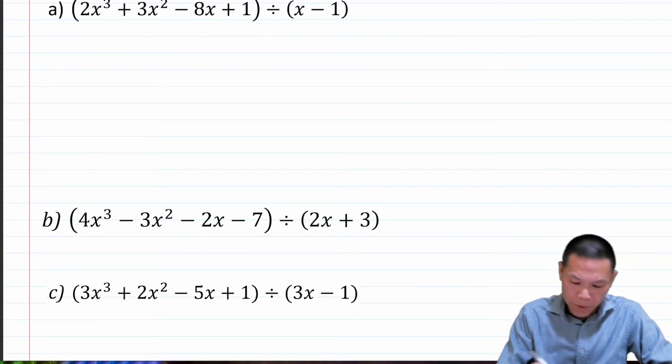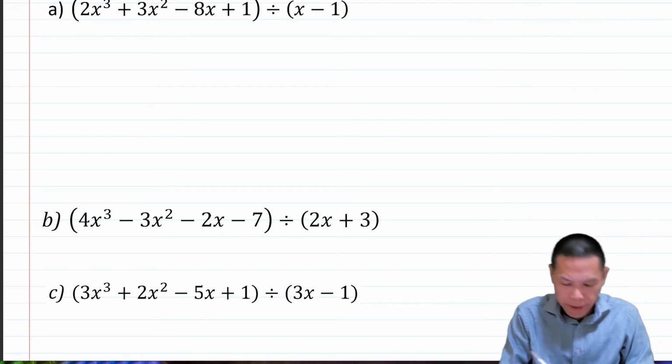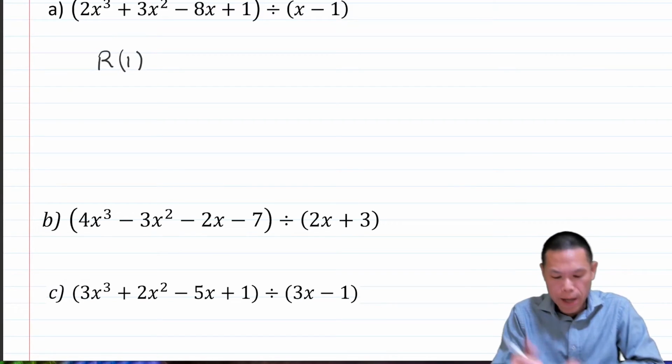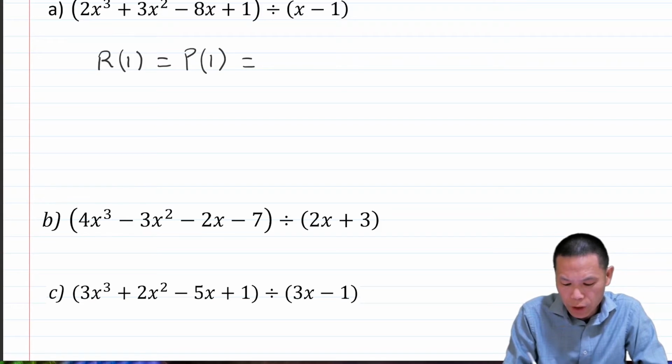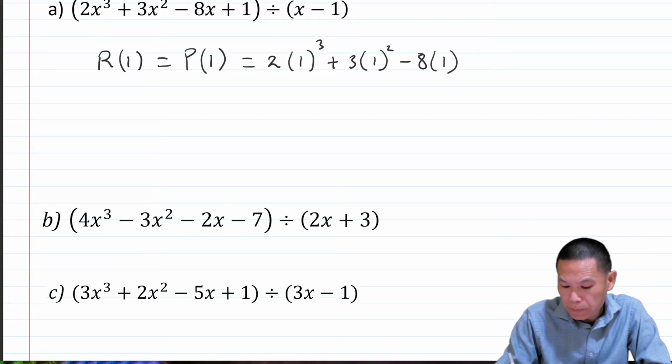So first one, to find out the remainder for this, we can write r of 1, that is the remainder, is exactly the same as p of 1. So which is equal to 2 times 1 to the power of 3 plus 3 times 1 squared minus 8 times 1 plus 1.